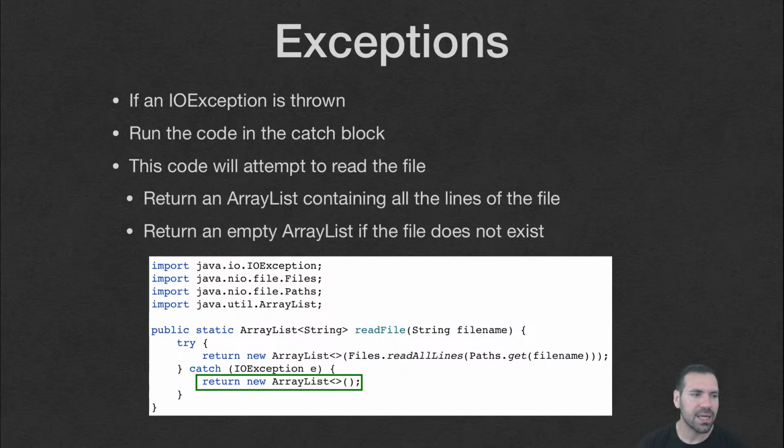Why do we catch it instead of using the exists method to prevent the error altogether? Because there's a window in between checking if it exists and reading the file. There's some finite amount of time in between those two method calls, and the file can be deleted in between those two method calls.